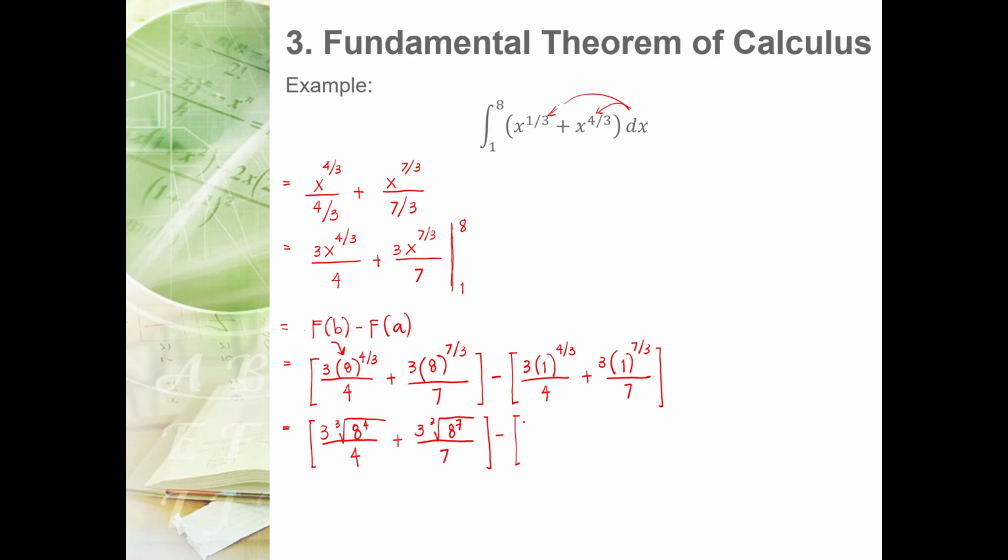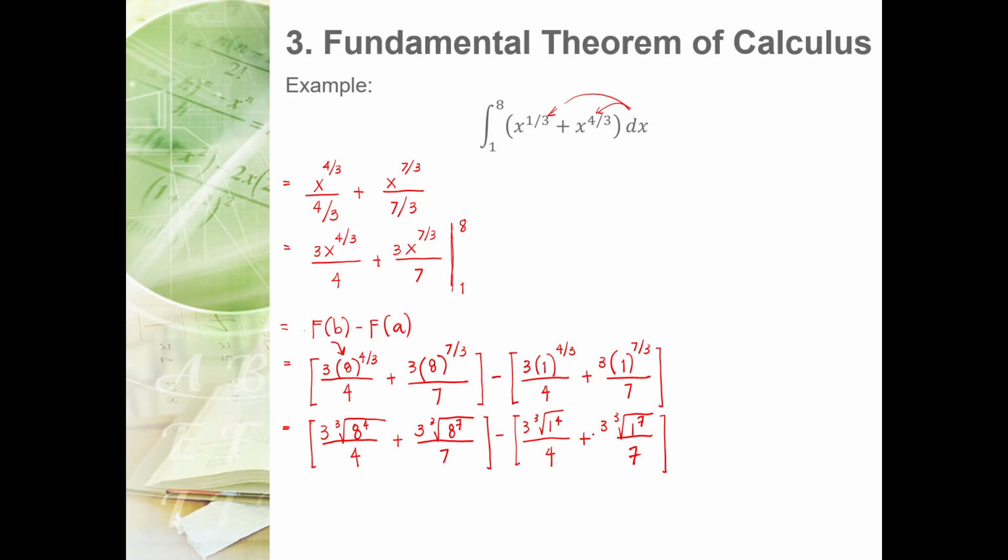Then the other one is the same: 3 cube root of 1 to the power of 4 all over 4 plus 3 cube root of 1 to the power of 7 all over 7.